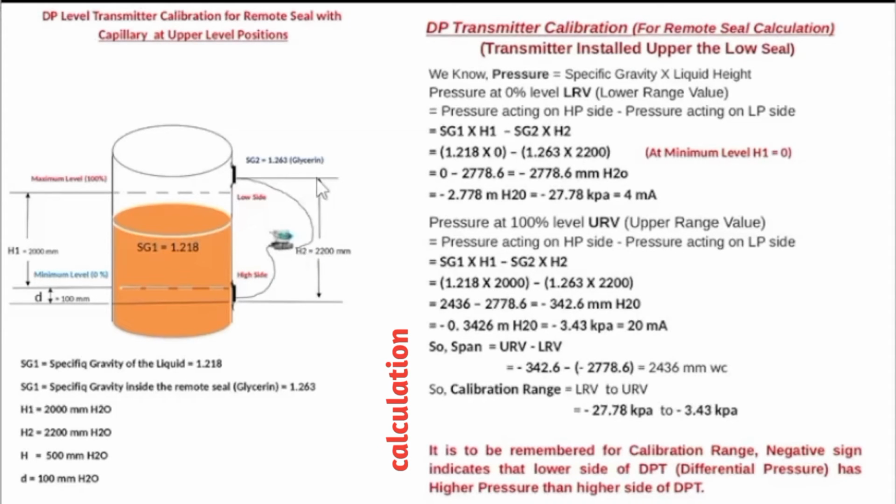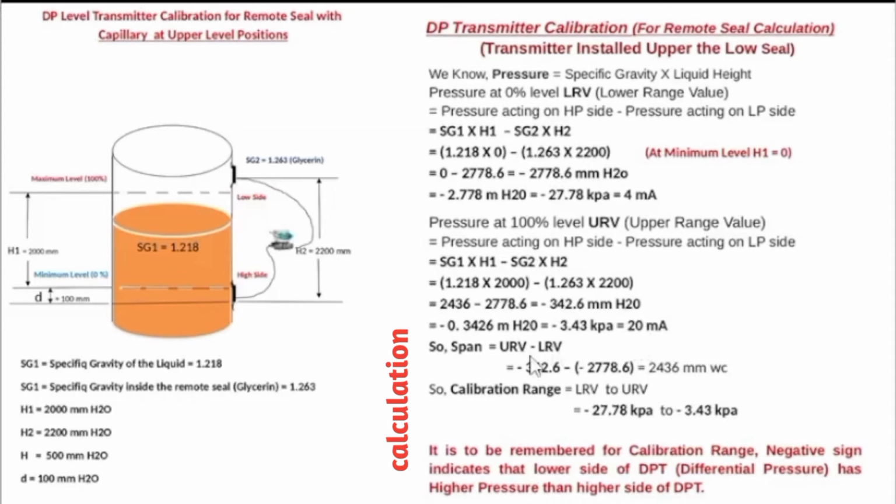The LP side will be the same as previous, that means specific gravity 1.263 into this height 2200, and the result is minus 3.43 kPa, and at this stage we will get 20 milliampere.